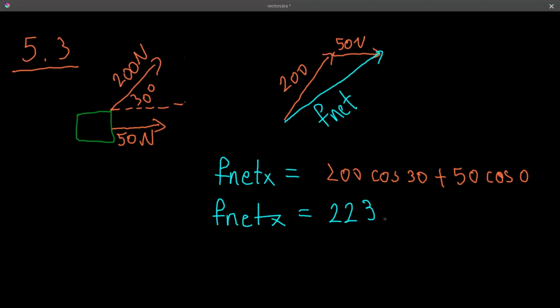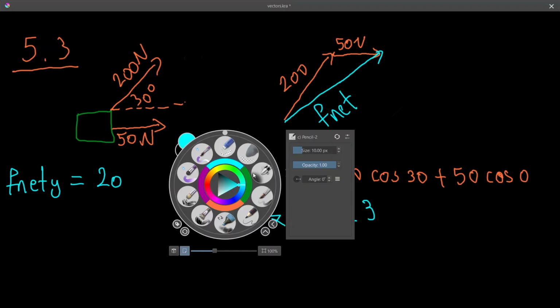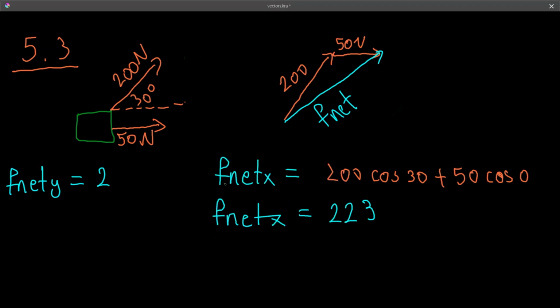And similarly, you do the same process for F net y. So F net y is equal to 200 sine 30 plus 50 sine 0.